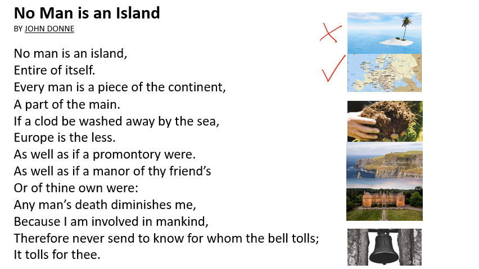And then I've combined these three together as well, the clod of earth, the promontory, and the manor house. He says, it doesn't matter if a clod of earth is washed away, or whether it's a promontory, or whether it's a house, whether it's your friend's house or your own house. If part of Europe or part of a continent is washed away, then the continent is smaller. And then finally, I got the tolling bell. And it doesn't matter, he says, whether it's for somebody else or whether that tolling bell is for you.